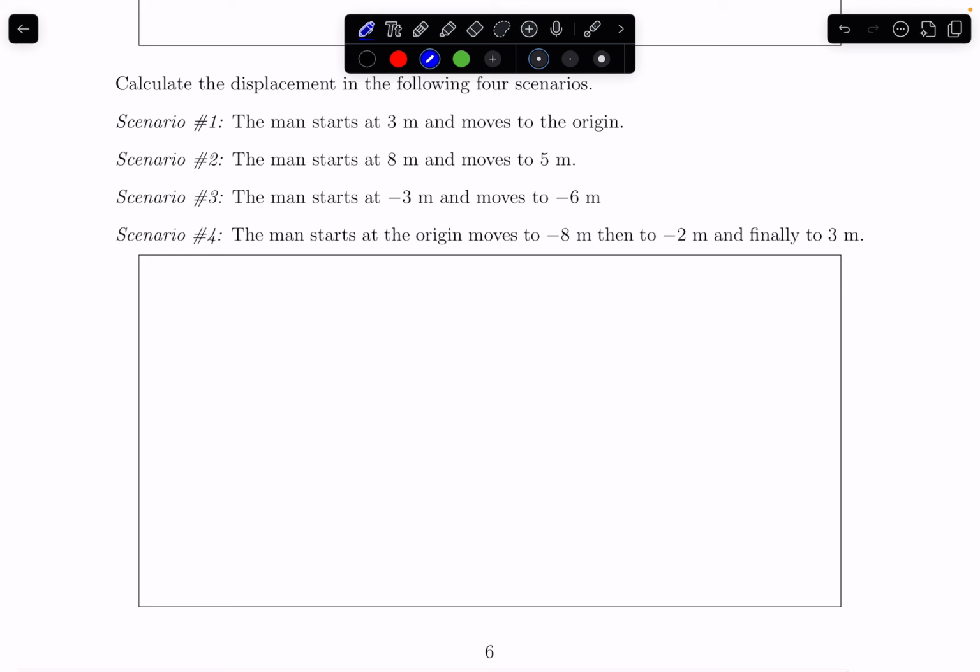Negative, right? I said negative. I'm not good with numbers. Wait, but if the final is 8 meters and the initial is 5, isn't it positive? No, it's starting at 8 and we're moving to 5. Oh. Yeah. All right. Okay for everyone? Good?